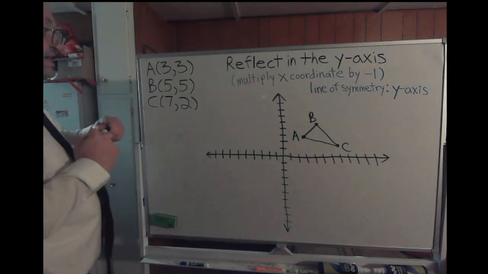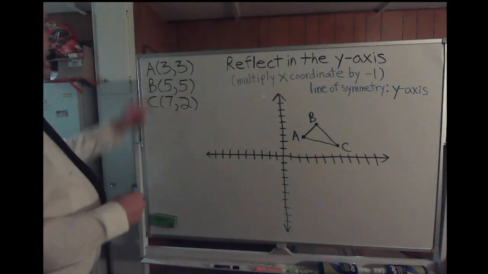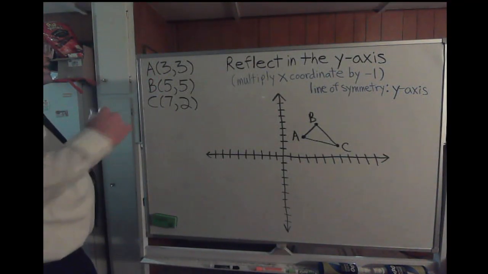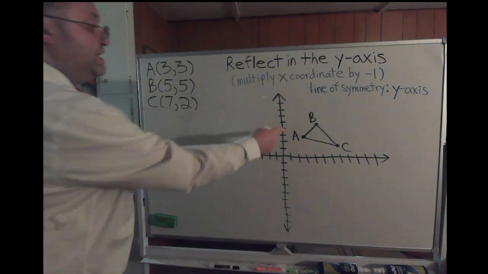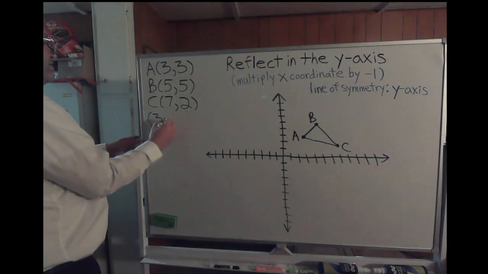Okay, so we've listed our original coordinates. Now we need to find A prime, B prime, and C prime. Let's start with A. When you reflect across the y-axis, you take your x-coordinate of 3 and multiply it by -1.